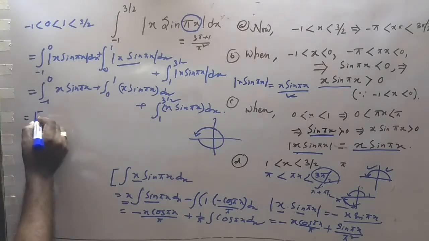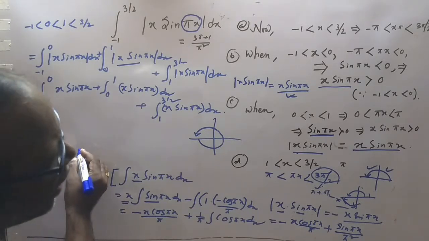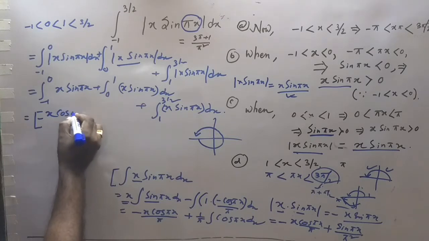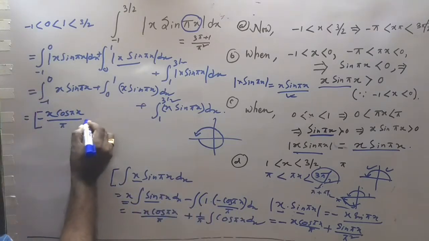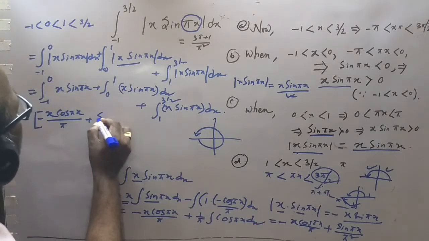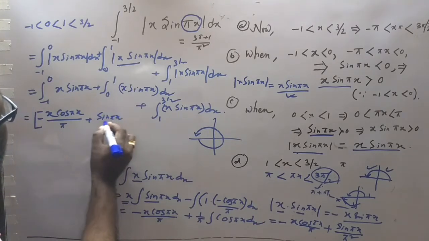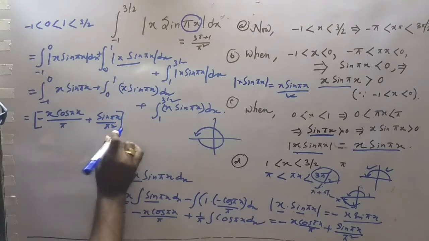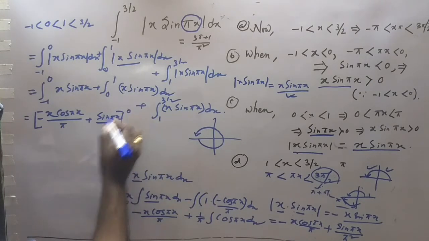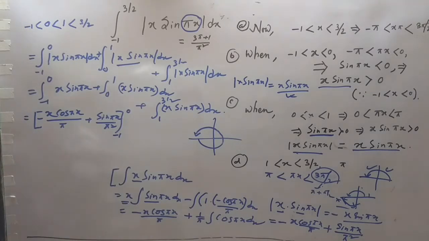Each and every term within the bracket is minus x cos(πx)/π plus sin(πx)/π², from minus 1 to 0. So see the integration clearly.